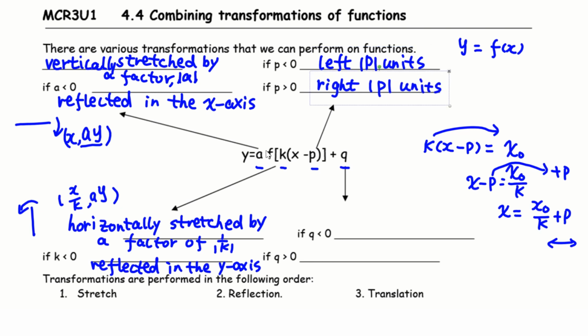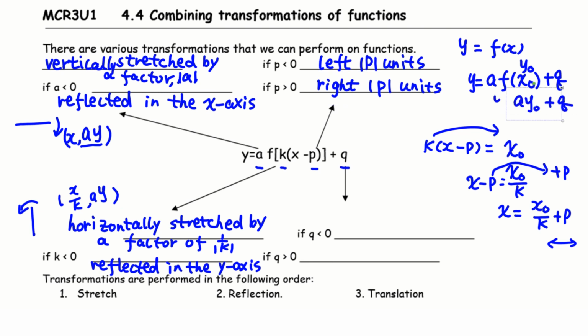And for the q, you can think of f(k(x minus p)) as a f of x0, then plus q. And this one is the y value, so this is y0, the original y coordinate. Now it becomes the new y: y equals a times y0 plus q.